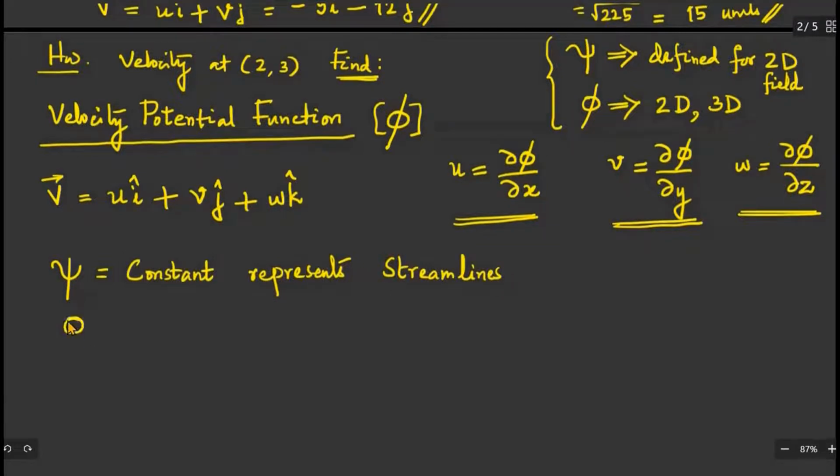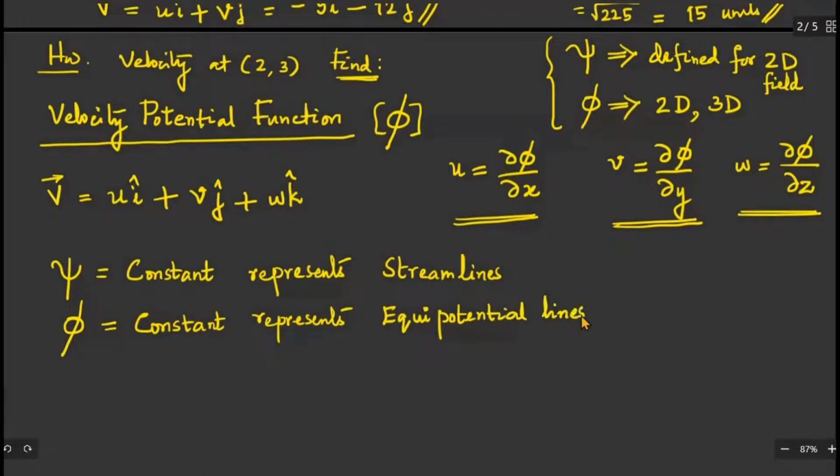And if phi is equal to constant, the velocity potential function, that really represents another set of flow lines, called potential lines, or equipotential lines. So psi is equal to constant and phi is equal to constant represent stream lines and potential lines respectively.